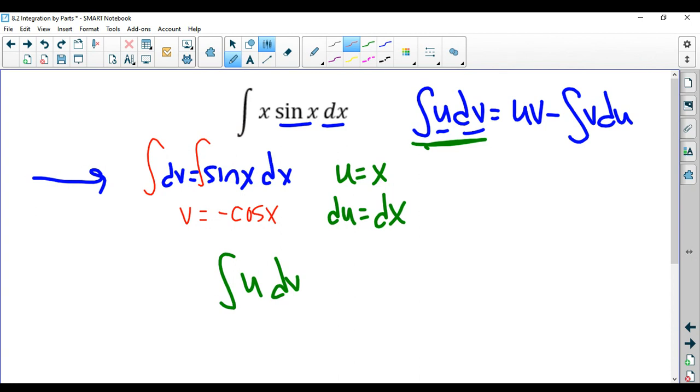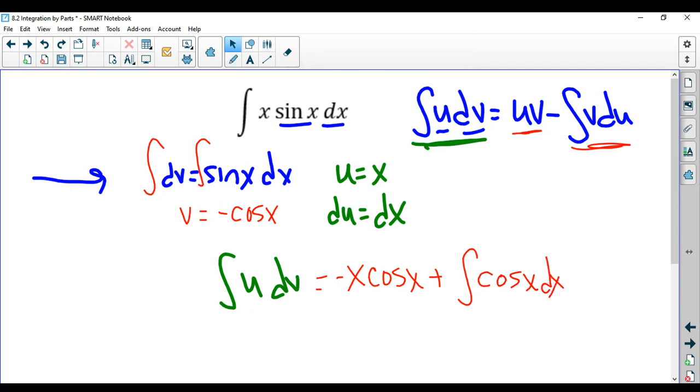So now all we do is substitute. u is x, v is negative cosine of x, minus the integral of v, which is negative cosine, so I'm going to write positive cosine, change this to positive, times du, which is dx.